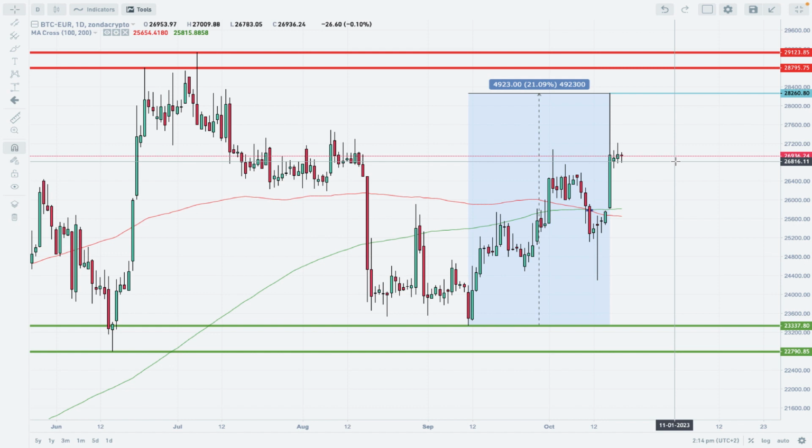Apparently, it still doesn't mean that this market will not test the highs, because if the 29,123 euro swing high is tested, it might be rejected, and that would not be welcome for bulls, because this kind of rejection would definitely be bearish in the long term. Why? Because of the potential double top built on the daily time frame chart. Right, so that's the other scenario of what could happen on Bitcoin to euro.